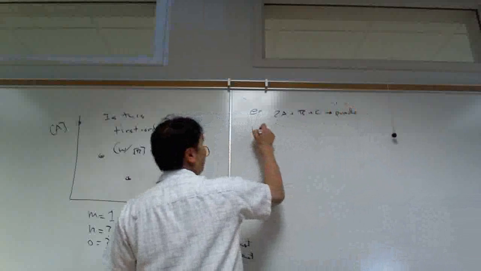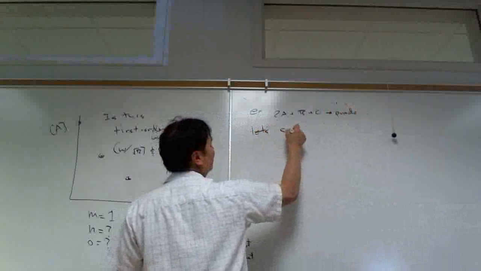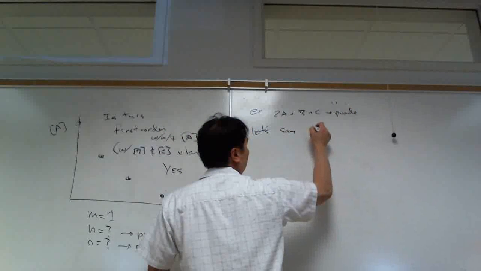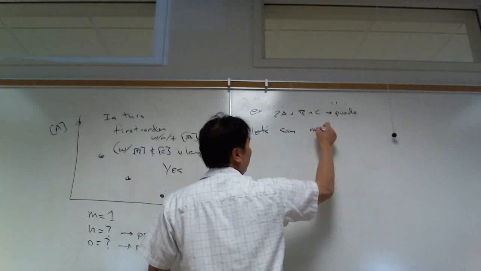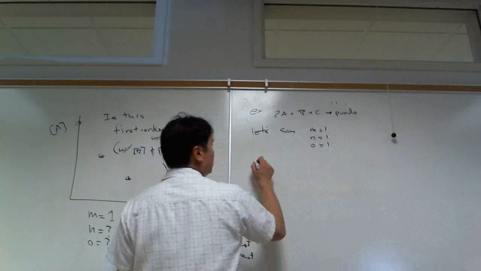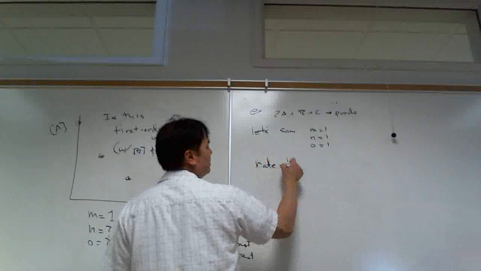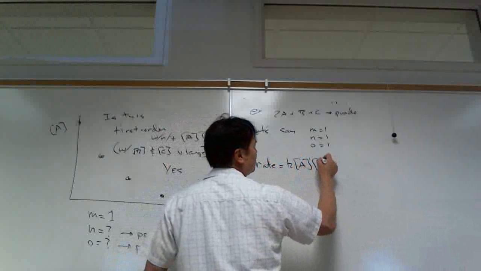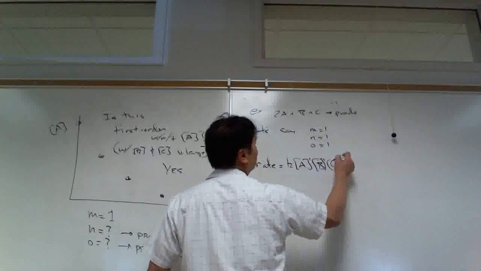All right, let's say M was 1, N is 1, O is 1. And so the rate law looks like this. The rate is equal to K, A to the first, B to the first, C to the first.